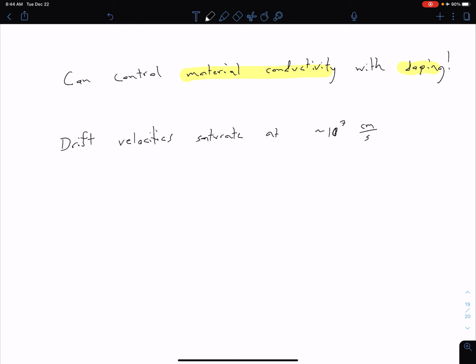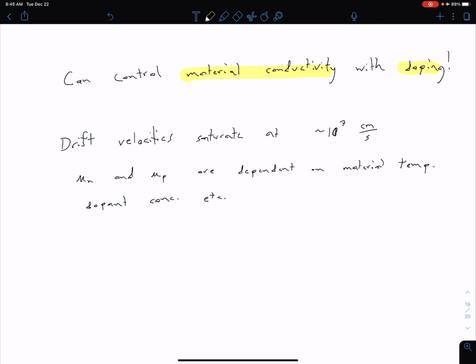Another thing to point out is that the mobilities, our mu sub n and our mu sub p, our electron and hole mobilities, are dependent on our material and on the temperature of the material, as well as other things such as dopant concentration, etc. And that makes sense because remember we said mobility is how easily these carriers can move about the crystal.